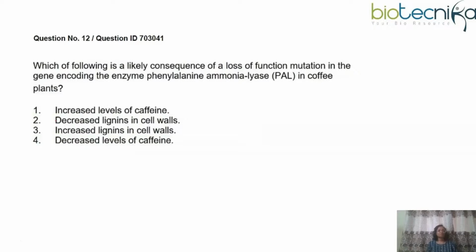Next, which of the following is a likely consequence of a loss of function mutation in the gene which codes for the enzyme phenylalanine ammonia lyase in coffee plants? Now this question is from the topic of secondary metabolites in plants. Okay, now the enzyme phenylalanine ammonia lyase.